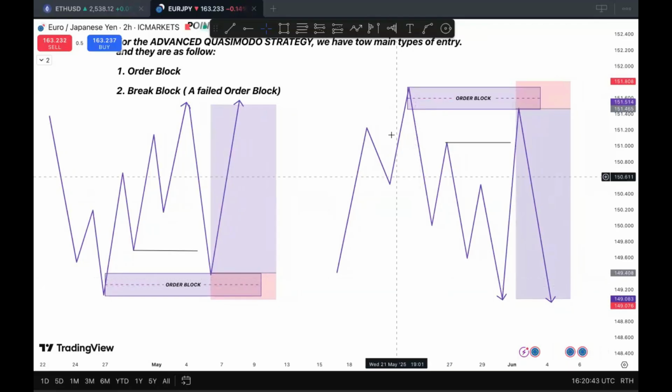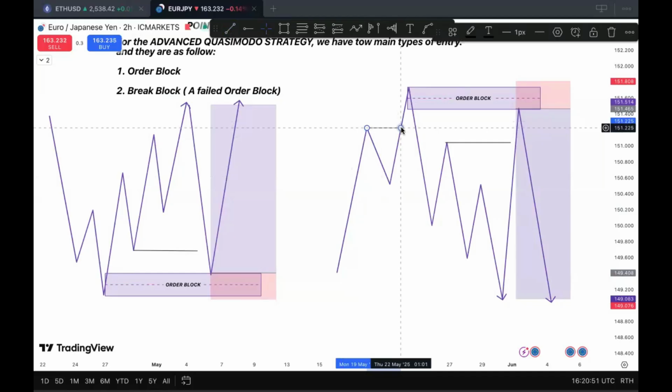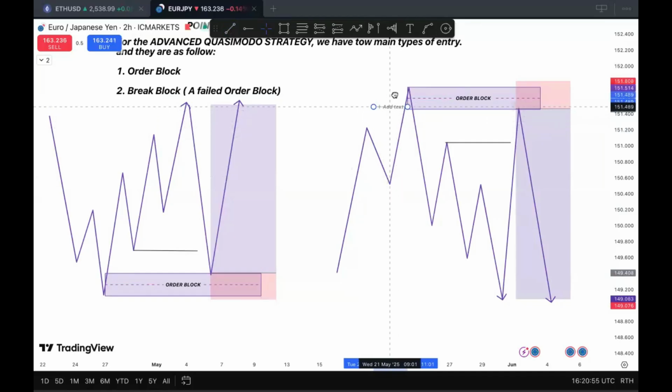Each time you have the recent break, which is this, before the sweep, a bit far from the main low, you take the order block.